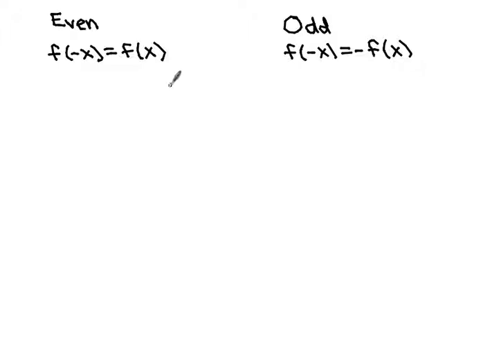So if we have the equation y equals 4x to the third minus 2x, then let's see what that is, even or odd, or neither, could be neither.